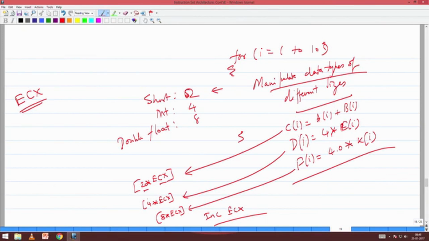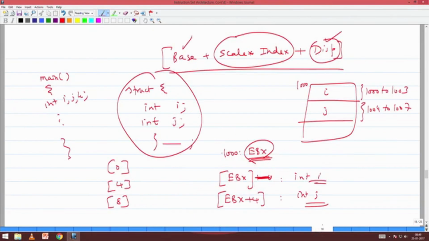So, that is a use of a scale. The notion of scale came into this addressing mode because we wanted multiple data types. When a loop acts on an array of multiple data types, then scale becomes very useful.